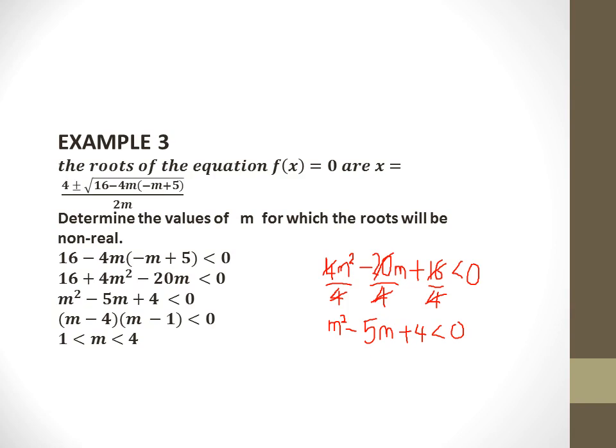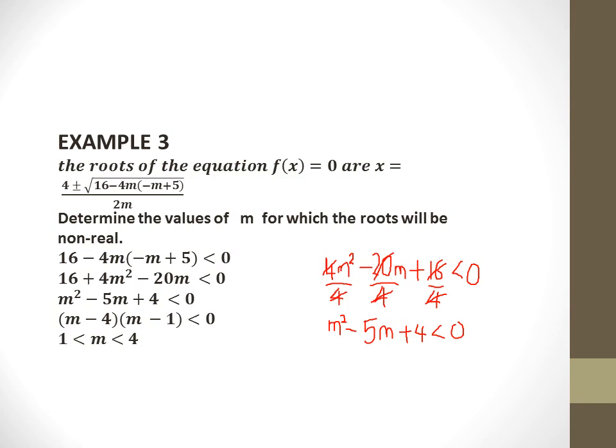So now we can simplify by dividing all by the coefficient of m squared, that is, the smallest number if possible. And notice the workings. We can see that it is possible. 4m to the power 2 minus 20m plus 16 less than 0. So we are going to divide all by 4.